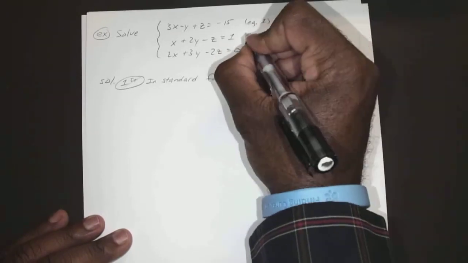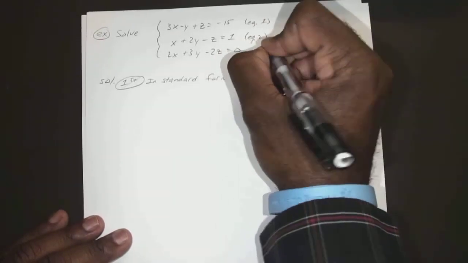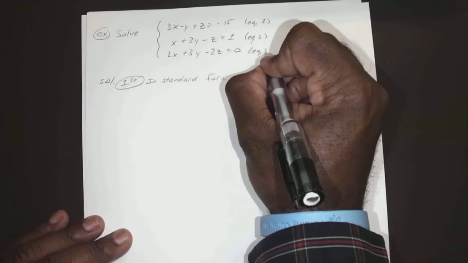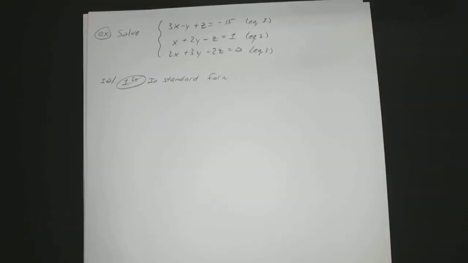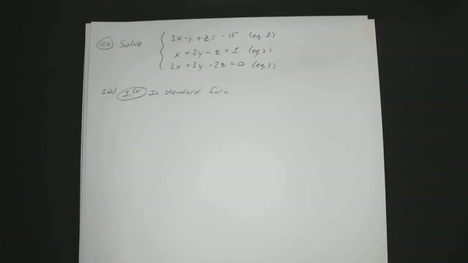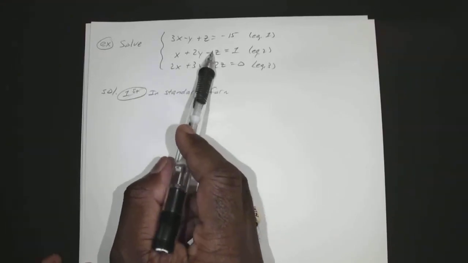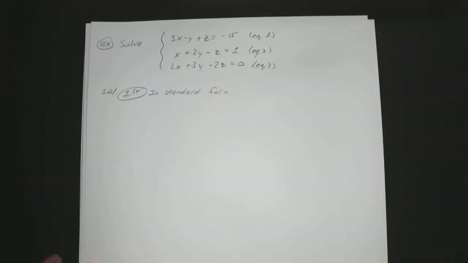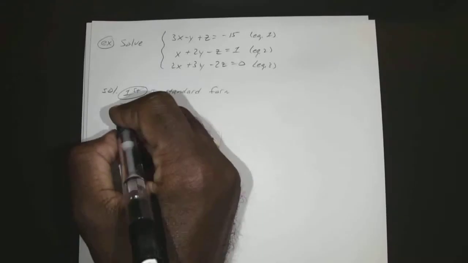So you have equation 1, equation 2, and equation number 3. I'll add 1 and 2 together because they already have an opposite z. So if you add them together, the z will already disappear, so you don't have to worry about multiplying anything. So it's a little less work if it's already set up like that.